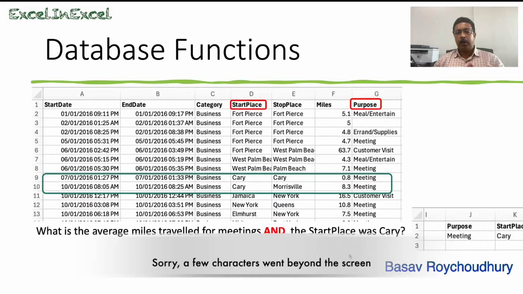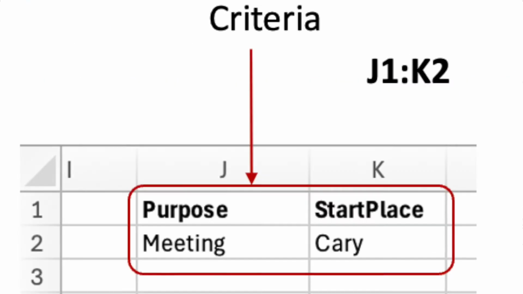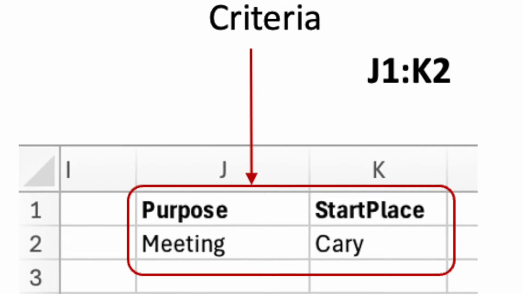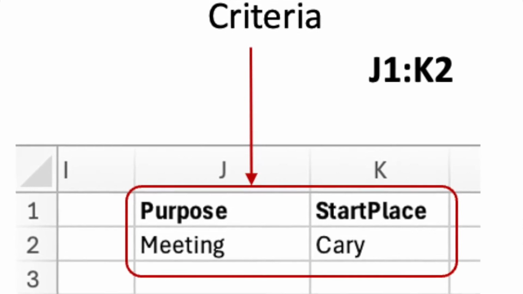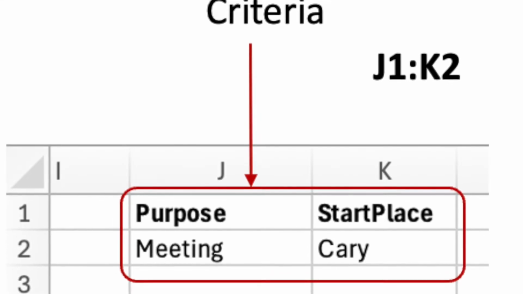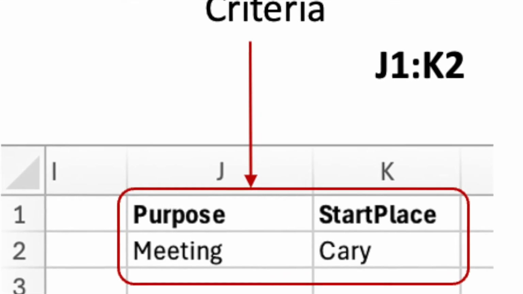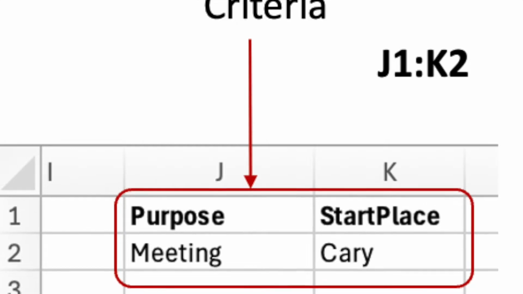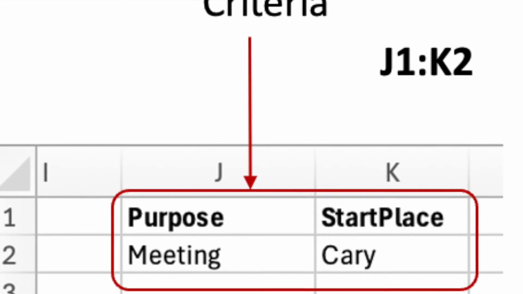How do we write our criteria now? We write our criteria like this. So when we are having an and, we put all the field names in the first row, in different columns of course, but in the first row of the criteria range, and then we put the values.